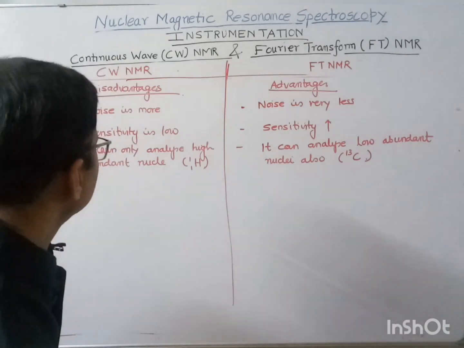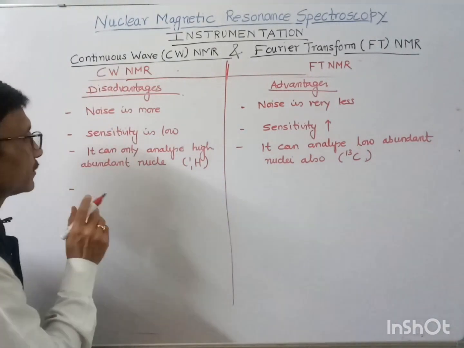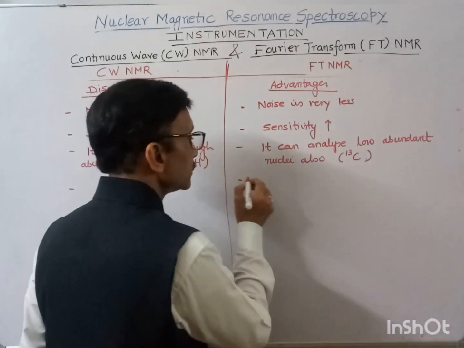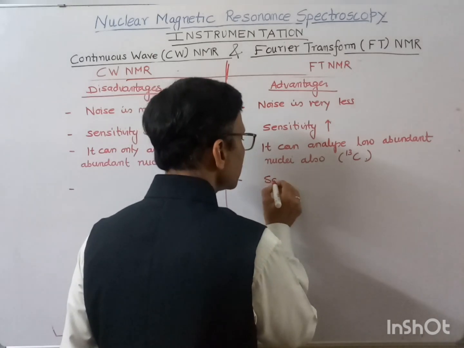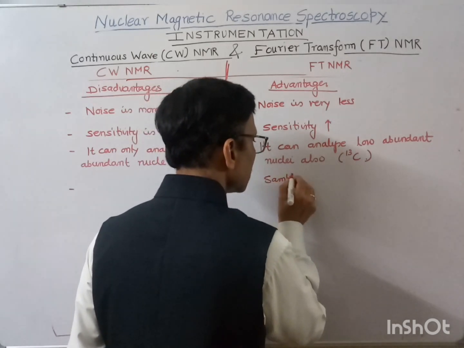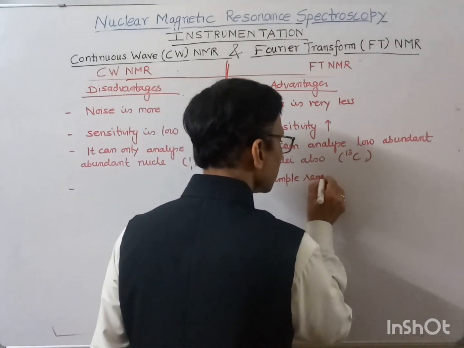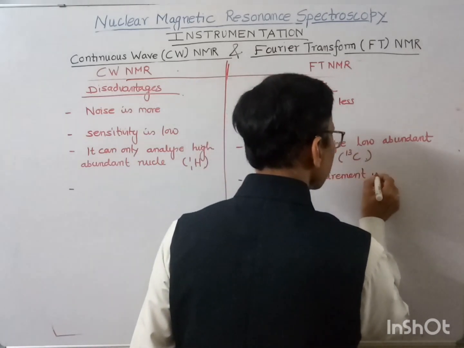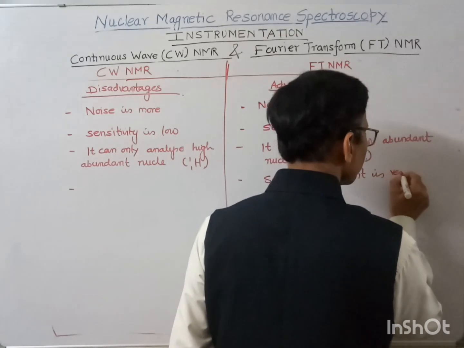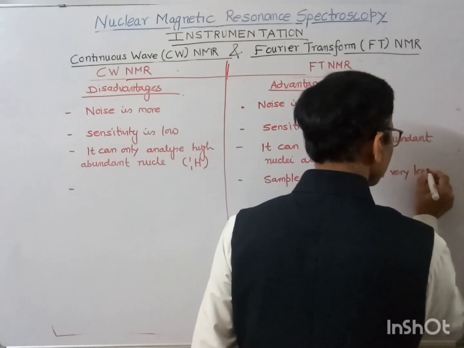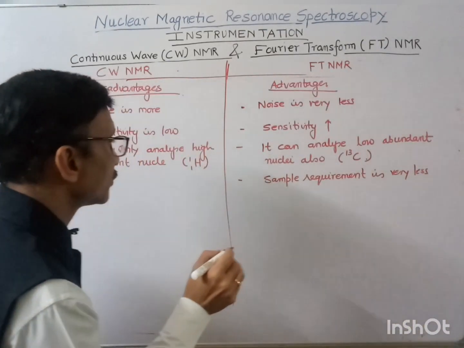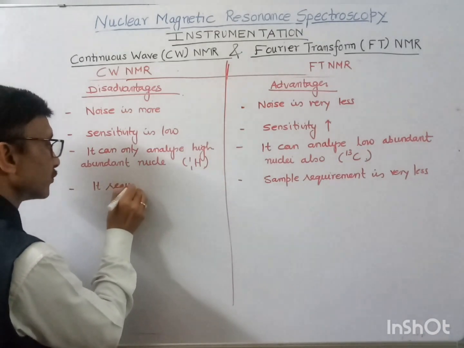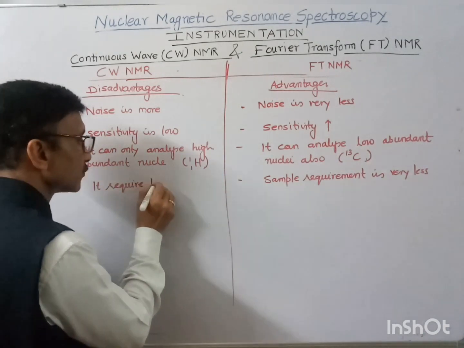Next, as sensitivity is very high in FT-NMR, the sample requirement is very less. In CW-NMR, the sample requirement is more; it requires a large amount of sample.